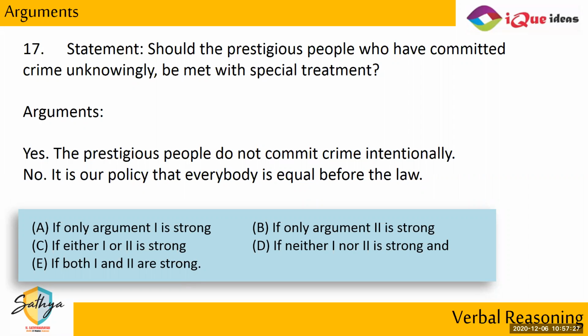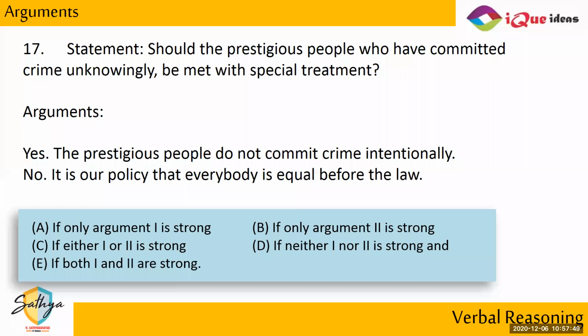See, what has the status or your prestige anything to do with whether you commit a crime or not? First one, common sense dictates is not true. Common sense says that first one is not true. So first one is gone. Second, it is our policy that everybody is equal before the law.